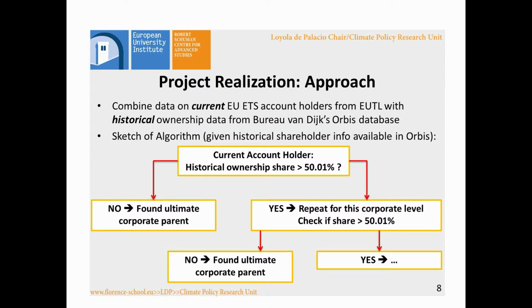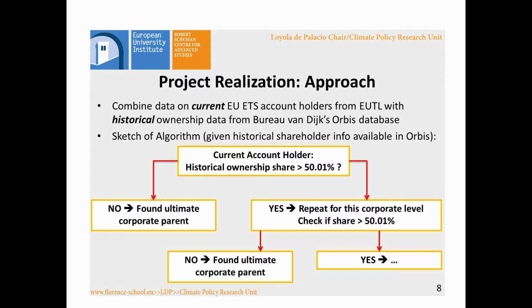Historical here means for the years 2005, 6, and 7, individually, for each year. We check if there is a historical owner that has a majority of this company. If we cannot find a majority owner, then we conclude that this account holder is already in control of what happens with these installations in relation to the EU ETS, so that we have found the ultimate corporate parent.